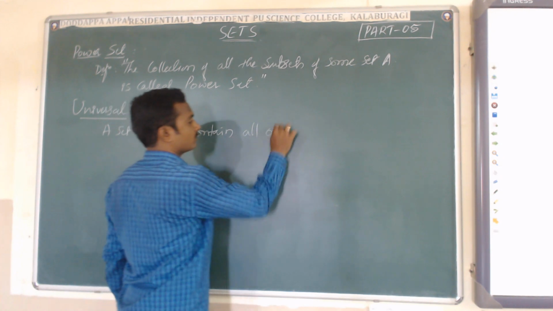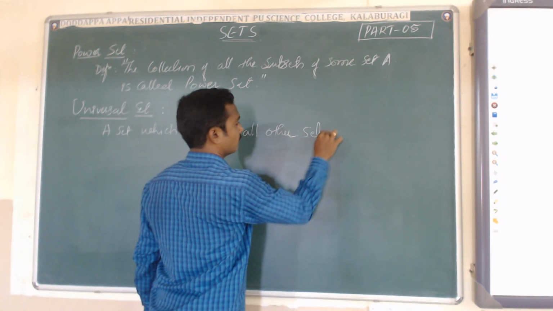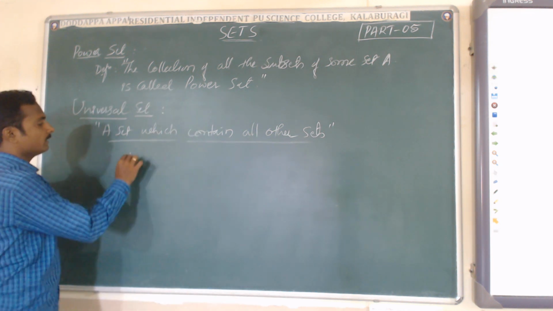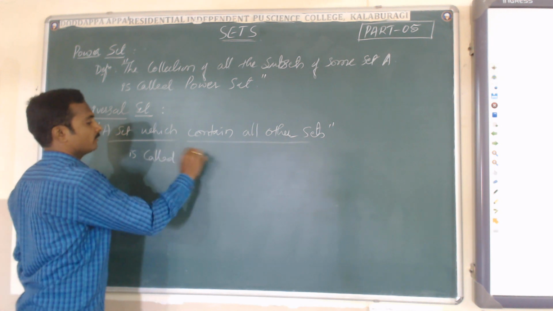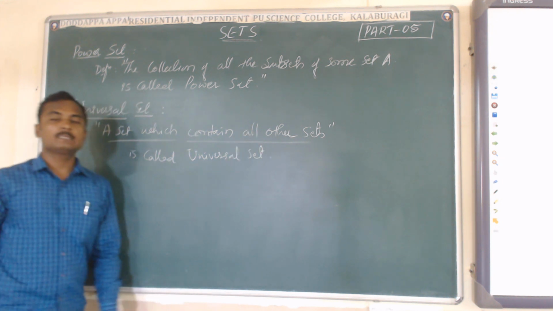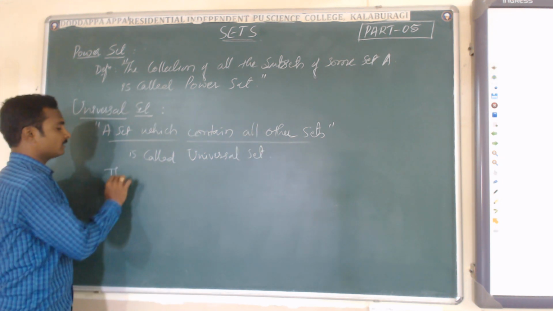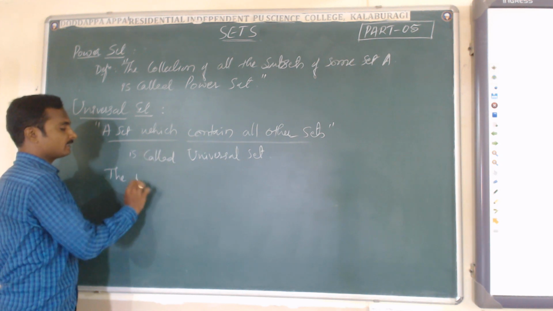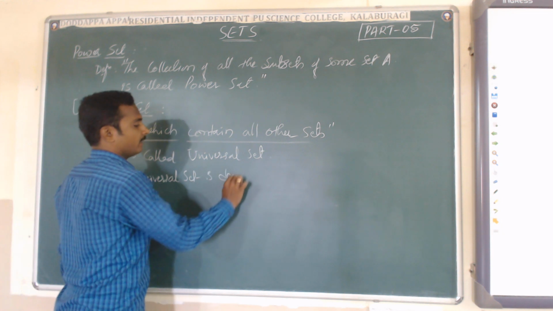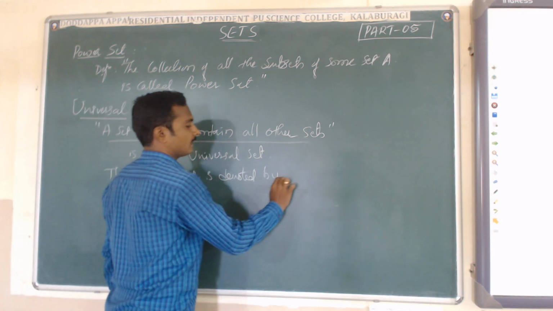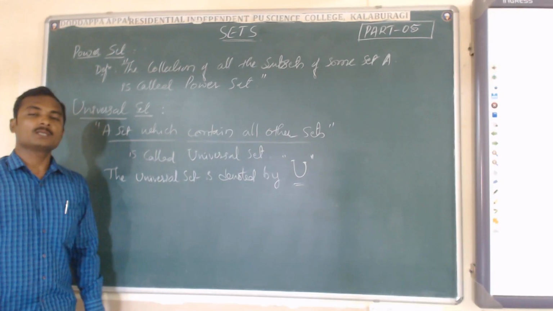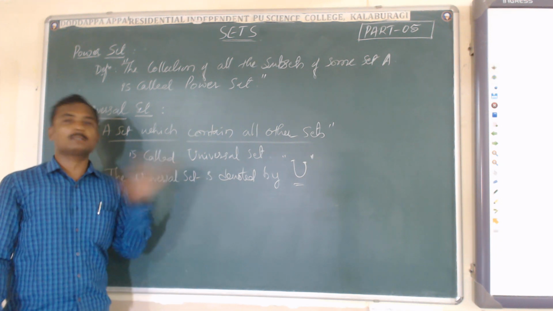A set which contains all other sets is called the universal set, and it is denoted by the capital letter U. U stands for universal set, which basically contains all the sets available.